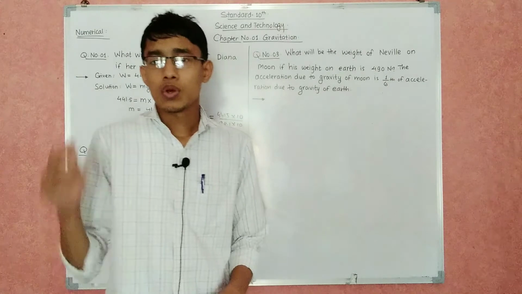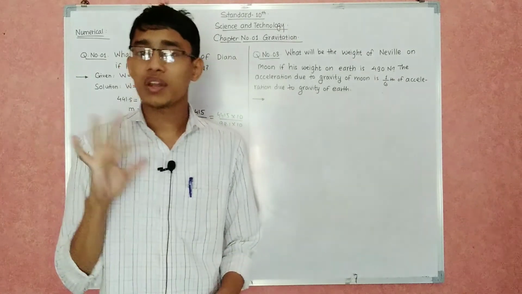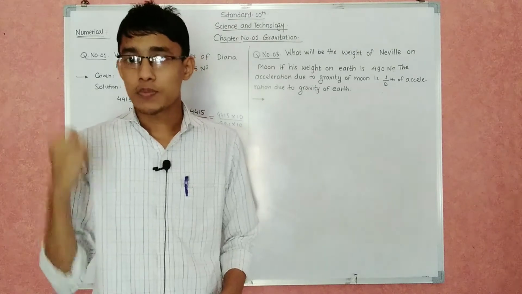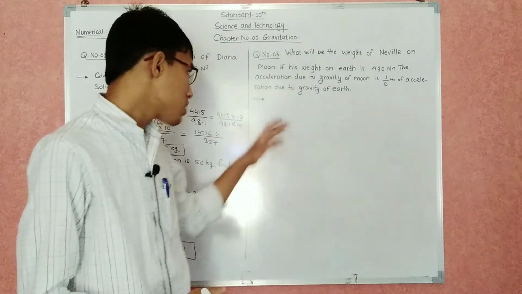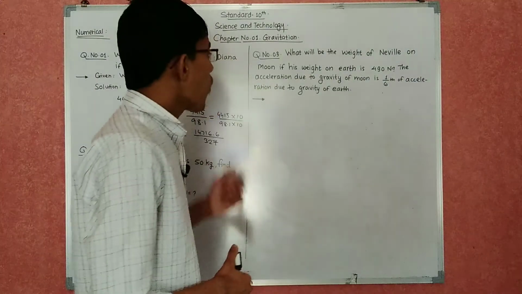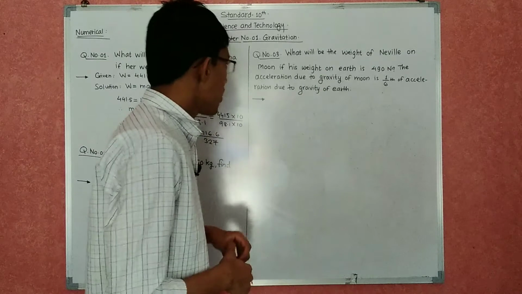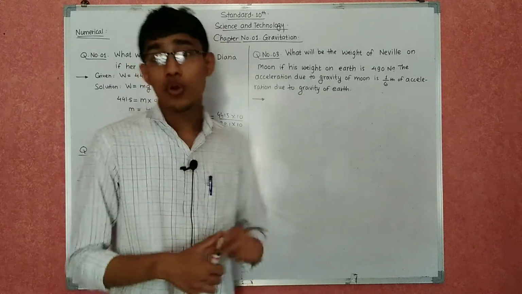Okay. So these two questions were related to the conversion of weight and mass with respect to the Earth. Now I will head towards another question. What is the question? What will be the weight of Neville on Moon if his weight on Earth is 490 Newton?